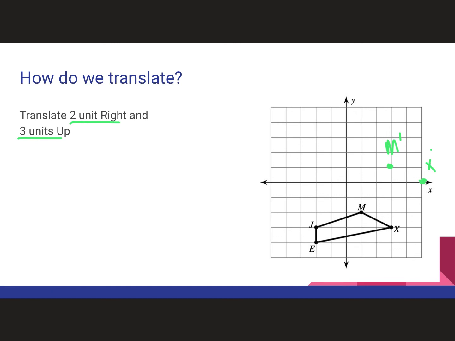E moves 2 units right and 3 units up to right here. And J moves 2 units right and 3 units up to right here. When I connect those lines, you see that I have the exact same figure. Just moved a little bit differently.